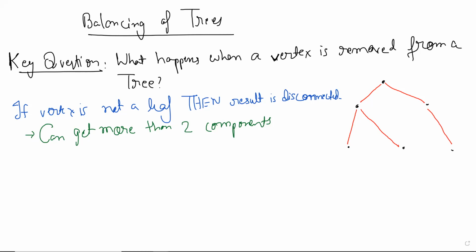Since we do not really know how many components you can get, since that can vary, the next question to ask is, what's the next question to ask? Let me write this for you, so that you can ask the question.